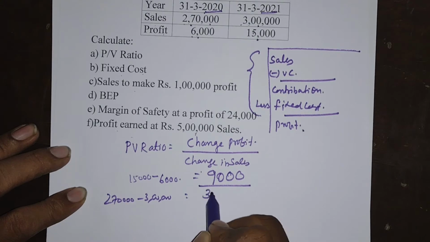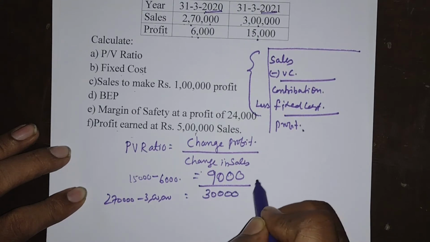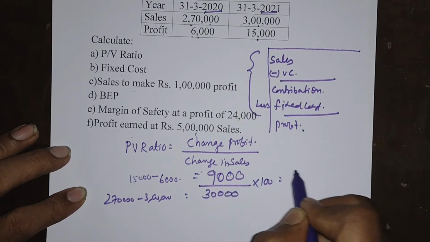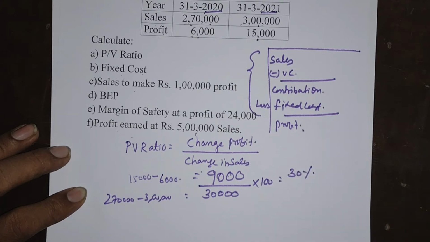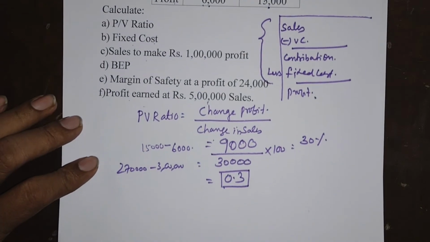So the change in sales is 30,000. Into 100, it is 30%. This 30% can be written as 0.3. Point 1 is over.